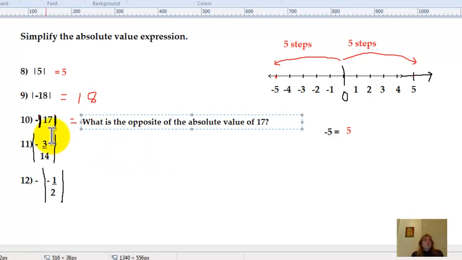The opposite comes first, outside of the absolute value signs, so we have to read it outside of the absolute value signs.